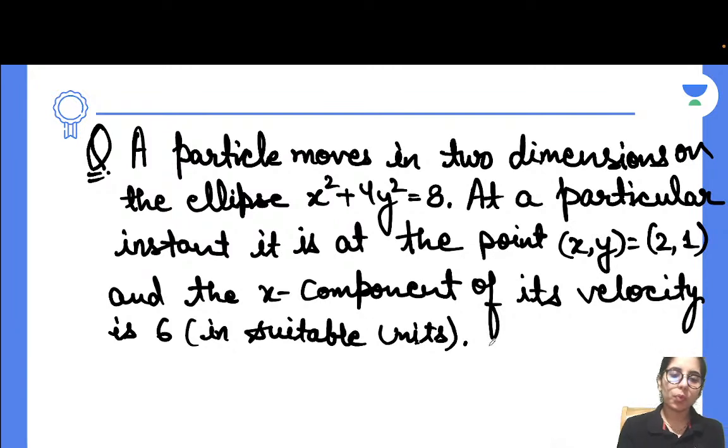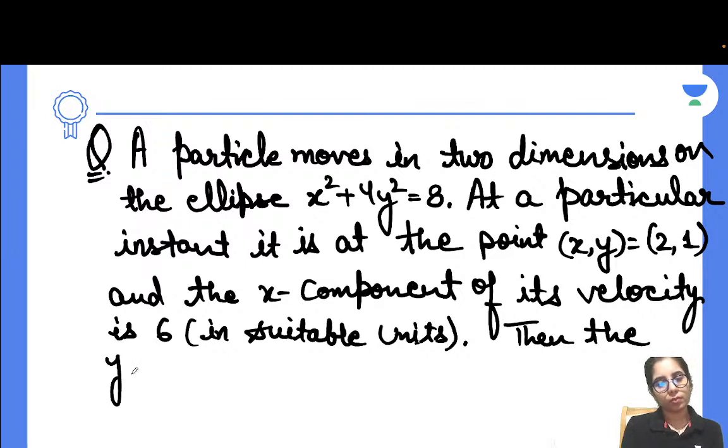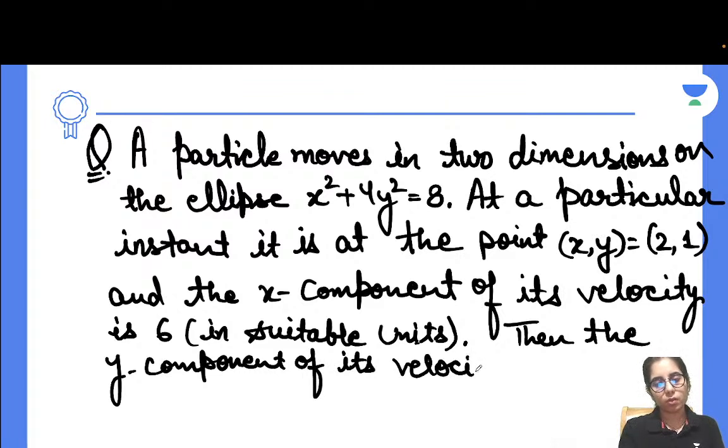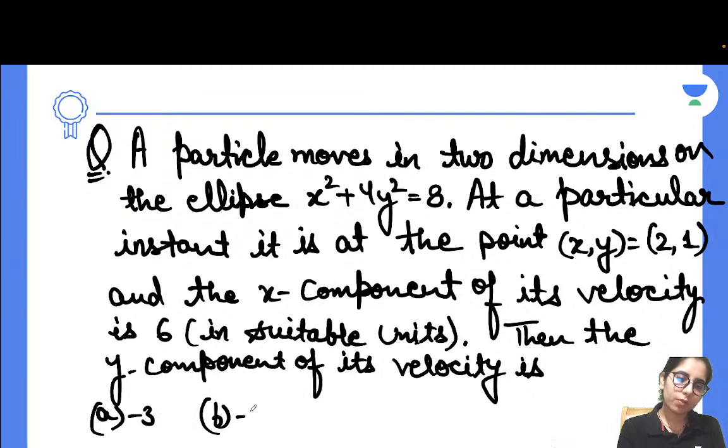Then the y component of its velocity is. Options are -3, -2, 1 and 4.